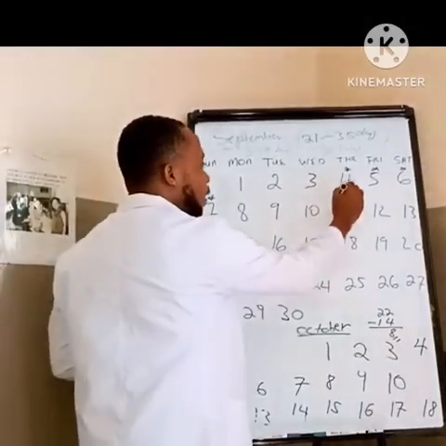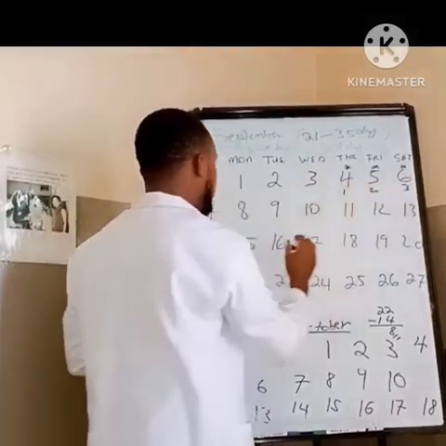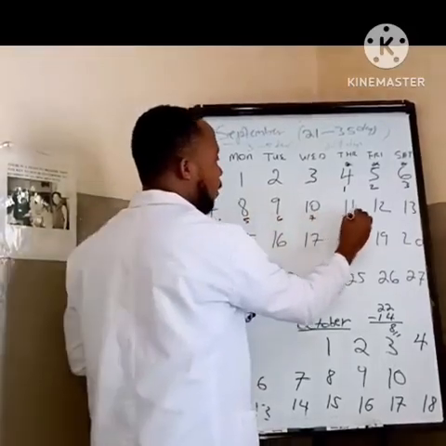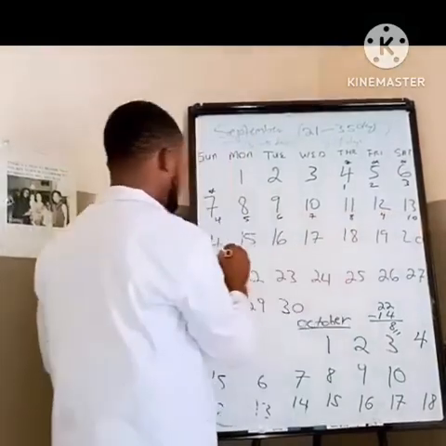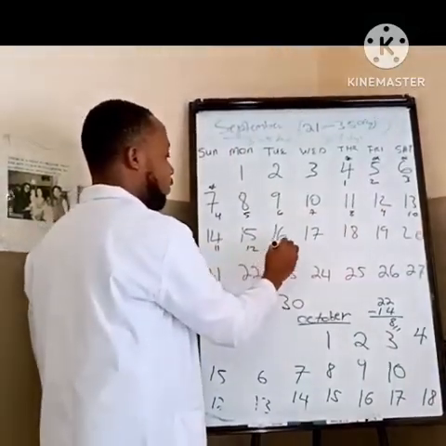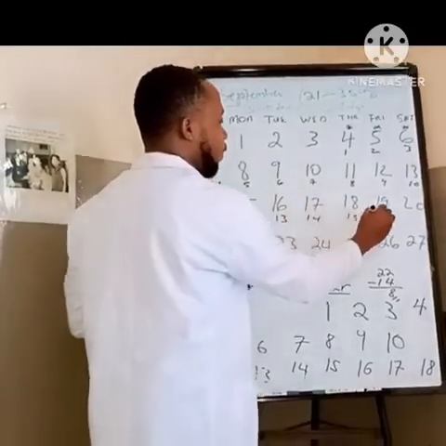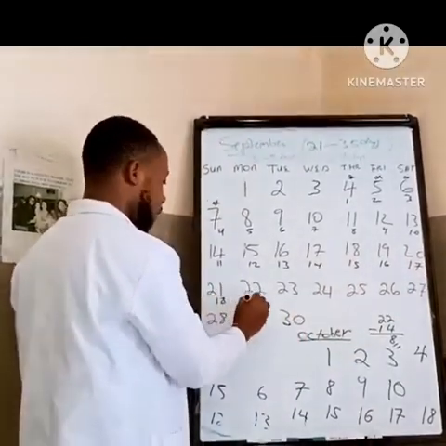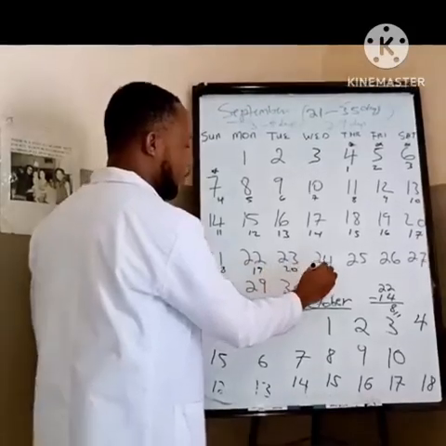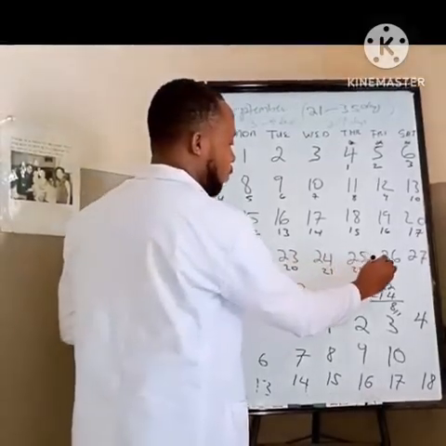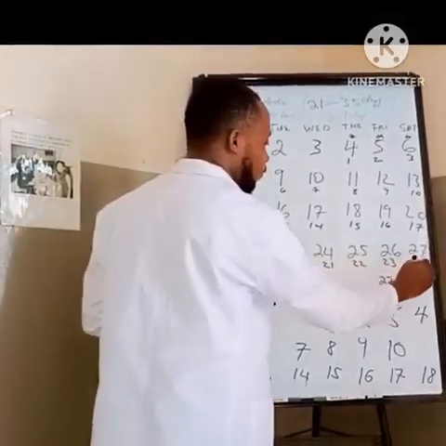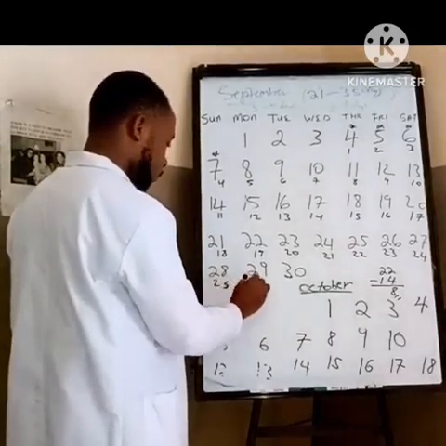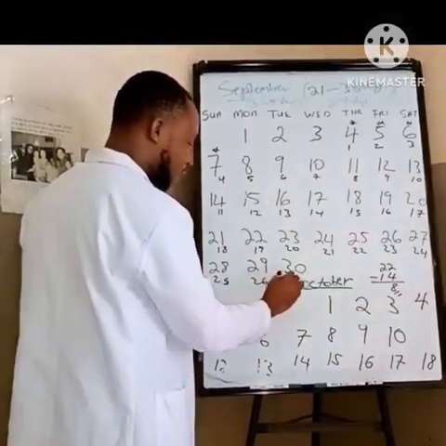So we come from here, say 1, 2, 3, 4, 5, 6, 7, 8, 9, 10, 11, 12, 13, 14, 15, 16, 17, 18, 19, 20, 21, 22, 23, 24, 25, 26, 27.